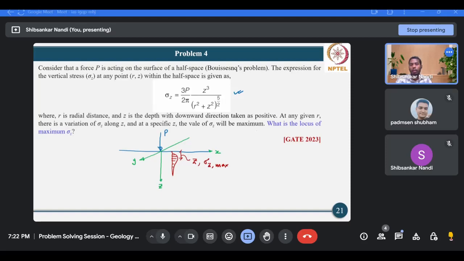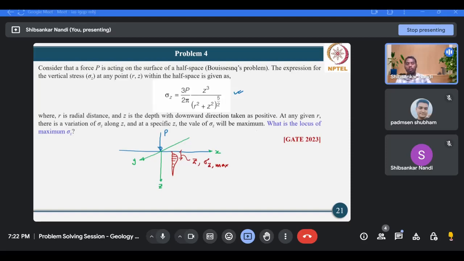So we have to end up with an expression, and based on that expression we will be able to conclude that if this is the given r value, then at this z you will have the maximum sigma z.